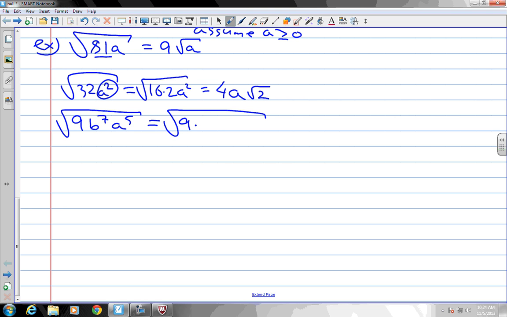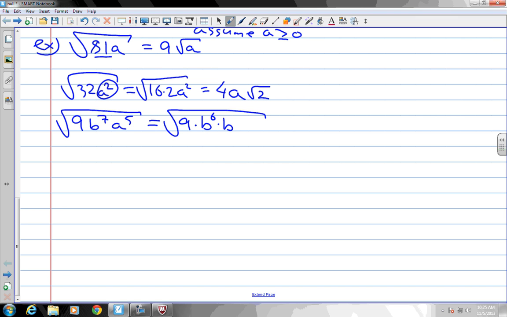But remember, I just need my exponent to be even. I don't need my exponent to be a perfect square. So what is the largest even exponent that's part of the 7? I can split b to the 7th as b to the 6th times b. I can take the square root of b to the 6th. I just have to divide the power by 2, right?